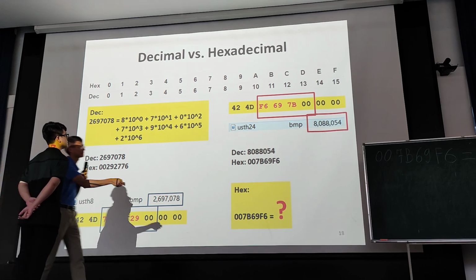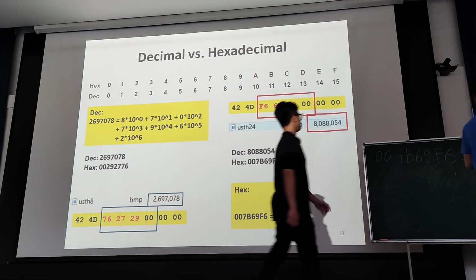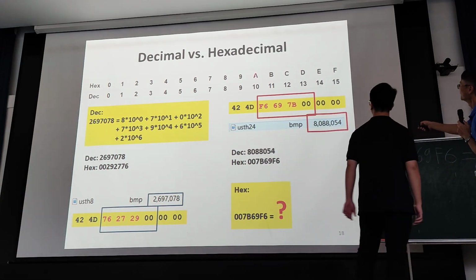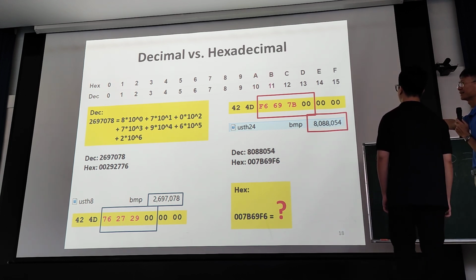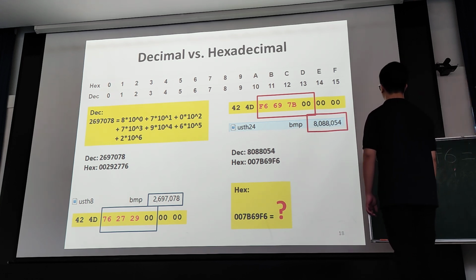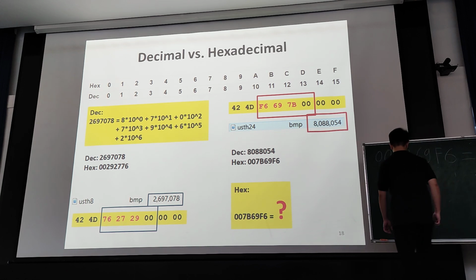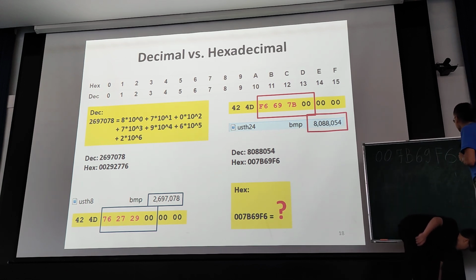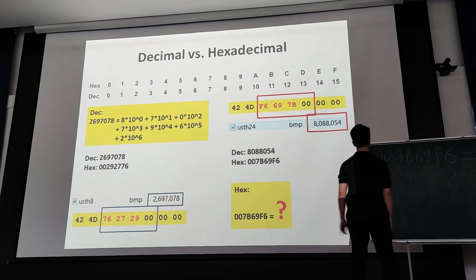You start with this number and convert it. You know that if we have A, it means 10 in decimal, B is 11, right? You apply the same rule here. Now you apply the same rule with the hexadecimal numbering system.